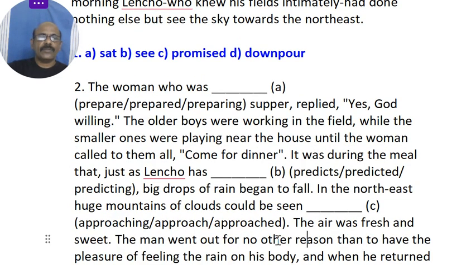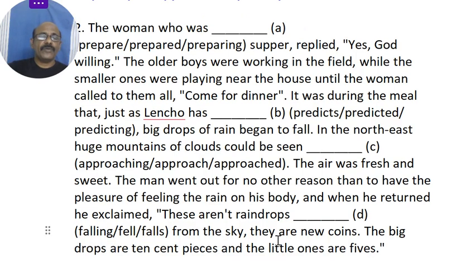Look here also. You must read the paragraph before you answer. Why? Because you have to understand whether the sentence is in the past tense or present tense. The woman who was dash supper replied, "Yes, God willing." The older boys were working in the field, while the smaller ones were playing near the house until the woman called to them, "Come for dinner." It was during the meal, just as Lencho had dash, big drops of the rain began to fall.